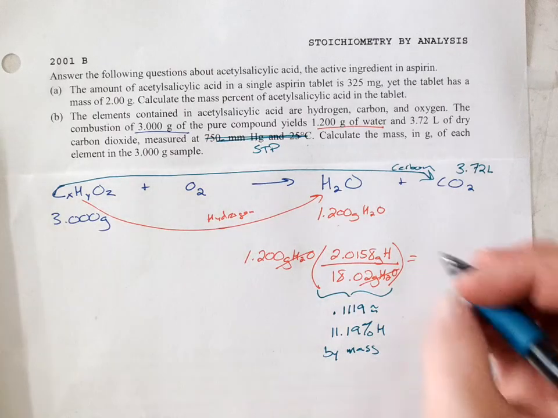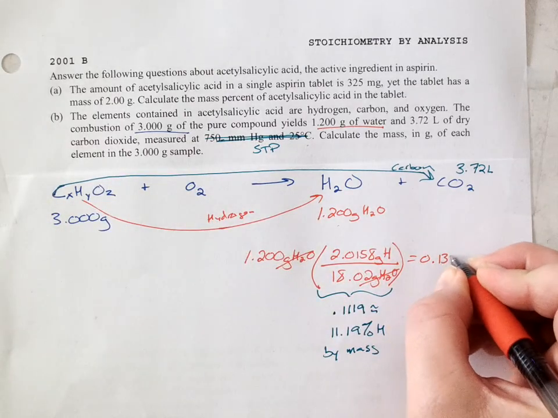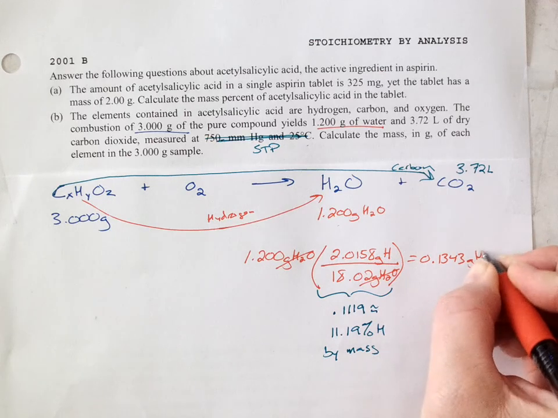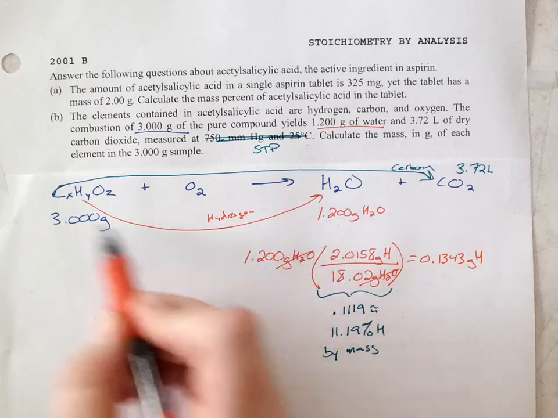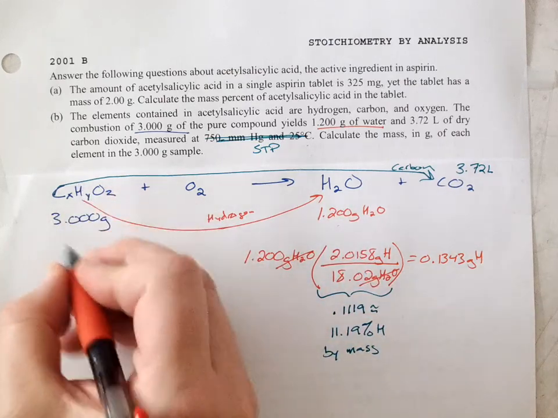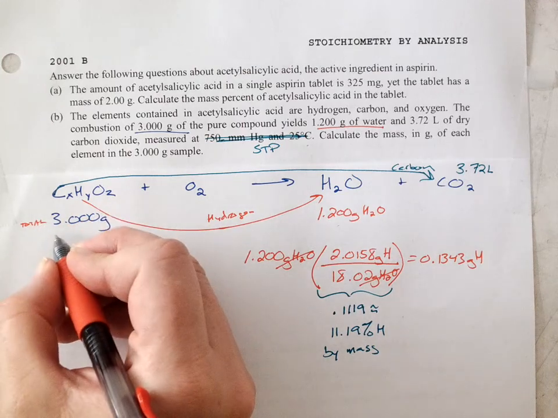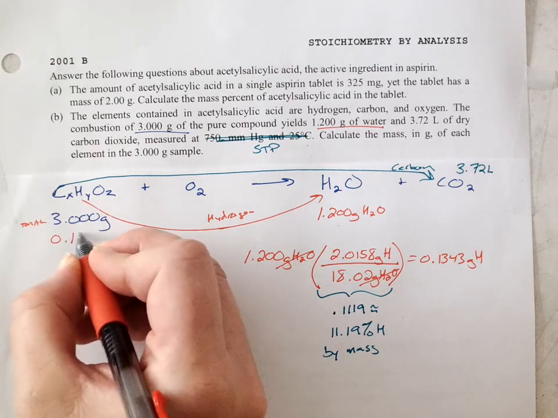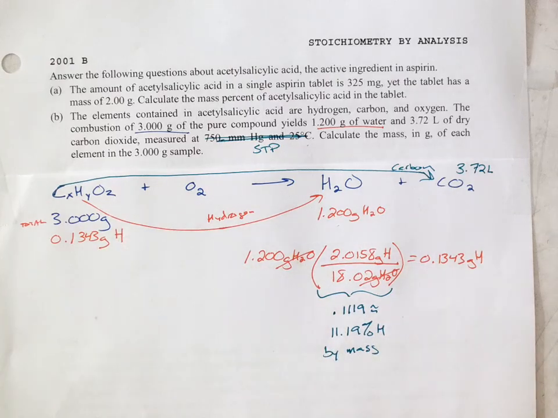Okay, this gets me 0.1343 grams of hydrogen to 4 sig figs. And remember, all that hydrogen came from here. So this is my total. And I know 0.1343 grams of it is hydrogen. I'm like halfway there. Okay, let's pull out the carbon and do this work over here.